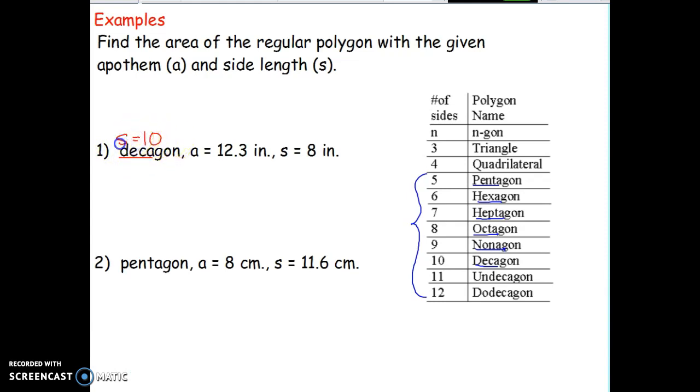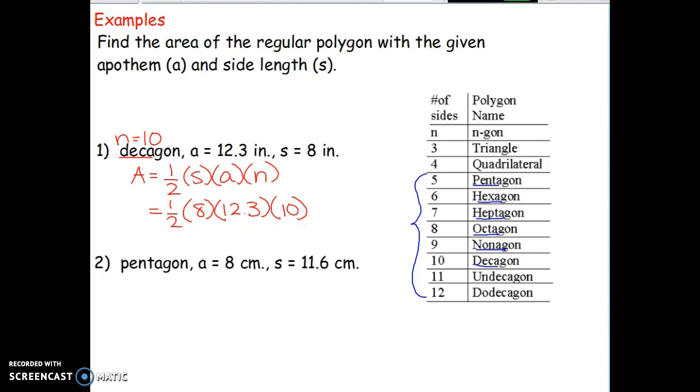So in this case, N would be equal to 10. If we write down our formula, A equals 1/2 times S times A times N, we can just start plugging in: 1/2 times 8 times 12.3 times 10.